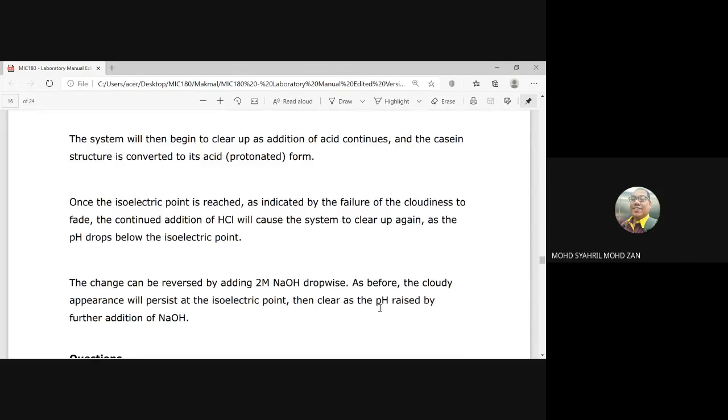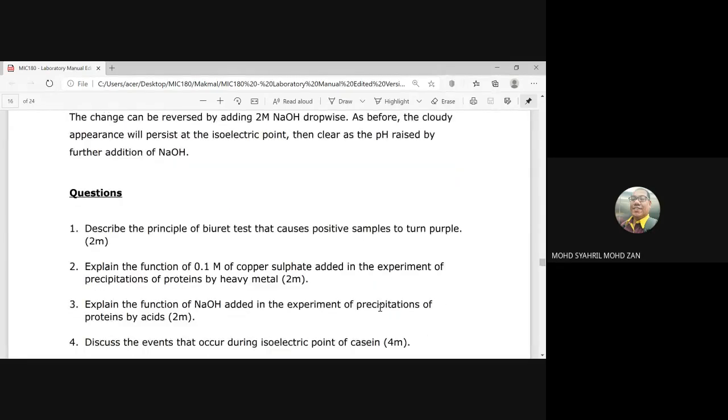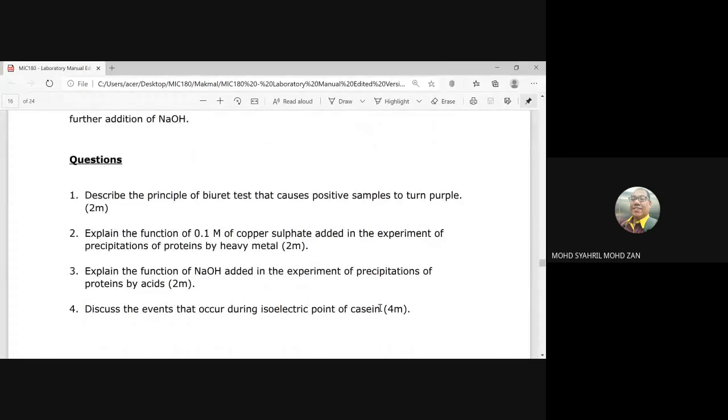Right. So there are questions you have to answer in this experiment. Okay. So for face to face, for ODL you don't need to, you just have to answer the post questions. So question number 1, describe the principle of Biuret that causes a positive sample to turn purple. Number 2, explain the function of 0.1 molar copper sulfate added in the experiment of precipitation of protein by heavy metals.